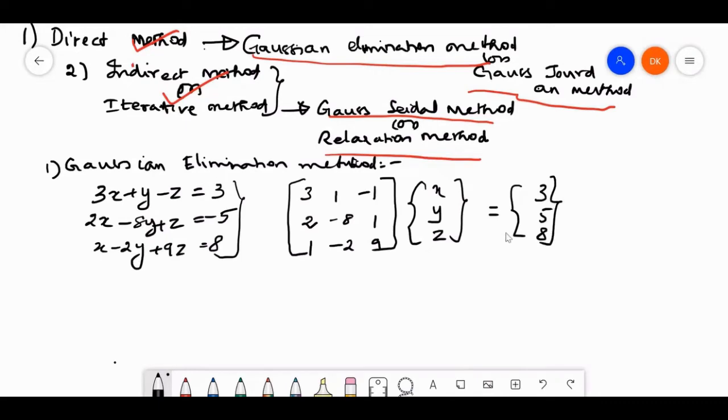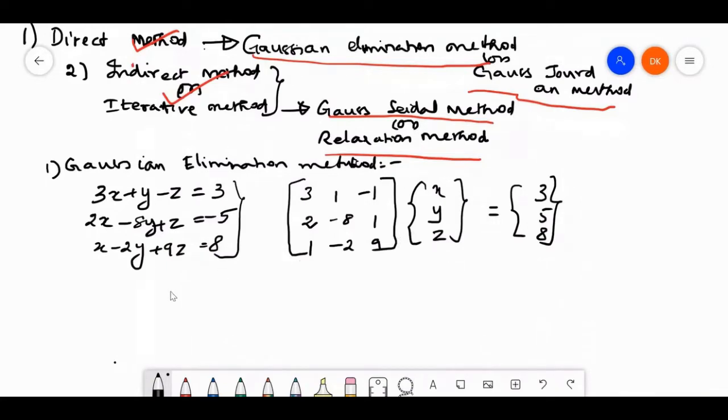So this is the matrix form. Now you multiply: 3x plus y minus z is equal to 3. Similarly, 2x minus 8y plus z is equal to 5. Like that you can write in the matrix form.